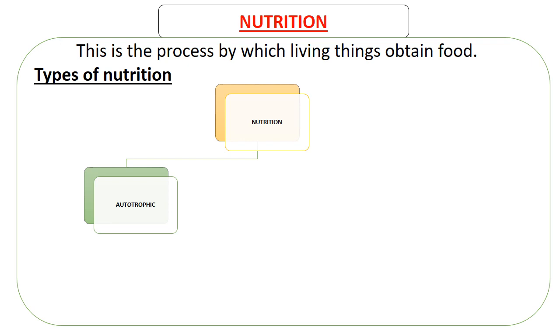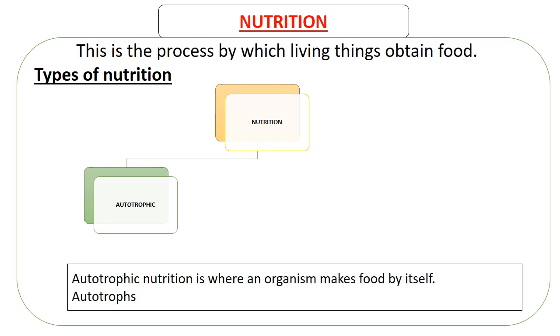If something is automatic, it means it does something by itself or on its own. Trophic is about feeding. So autotrophic can be defined as a type of nutrition where an organism makes food by itself. Such organisms are called autotrophs. An example of an autotroph is a plant. Plants make their own food through the process of photosynthesis.